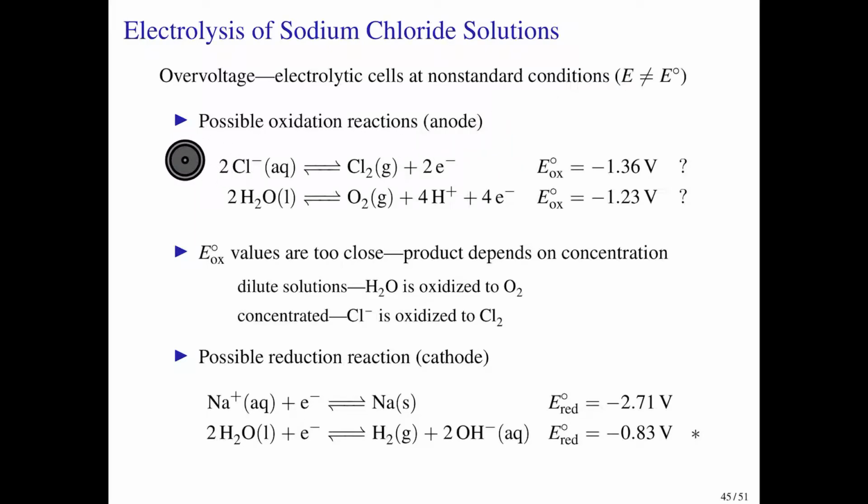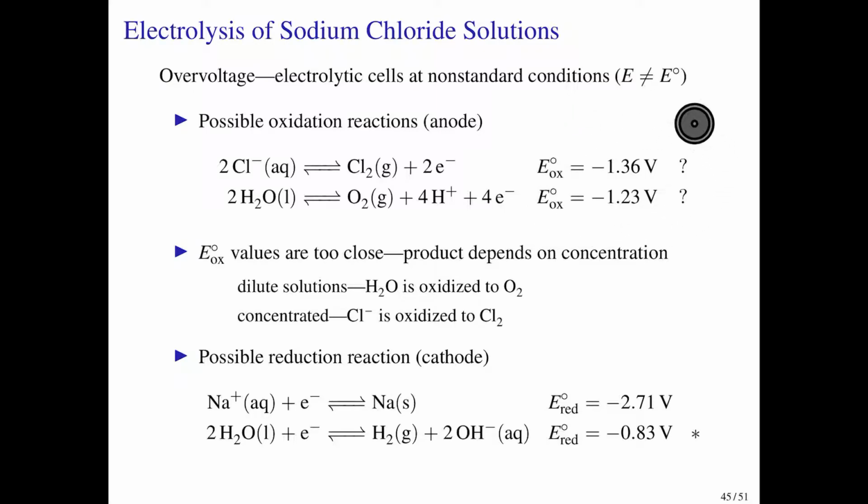Chloride could be oxidized to diatomic chlorine. You go from a -1 oxidation state to an oxidation state of 0. Likewise, the water could be oxidized as well. In this case, these are the oxidation potentials, so these are minus the values of the reduction potentials that you get from the table of electrochemical reactions.